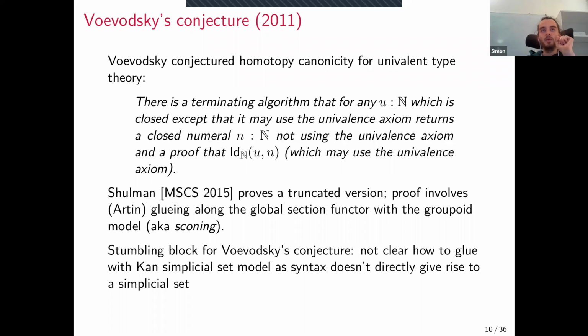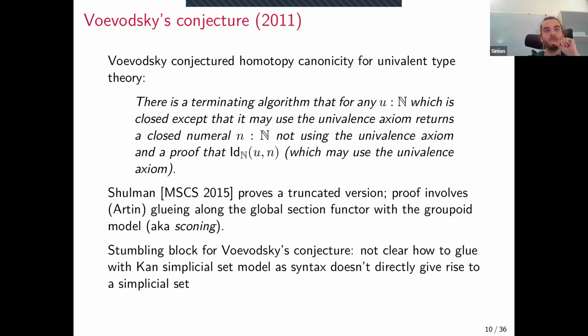It states the following: there is an algorithm such that, given a closed term of type NAT, which may use the univalence axiom, we can get a numeral and a path that the term we started with is equal to this numeral. And the identification we get may use the univalence axiom again. With numeral, I just mean successor of successor of successor of 0.